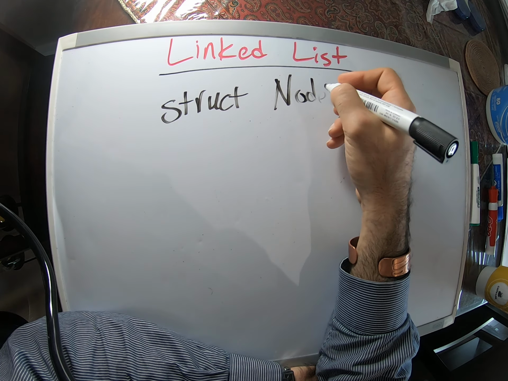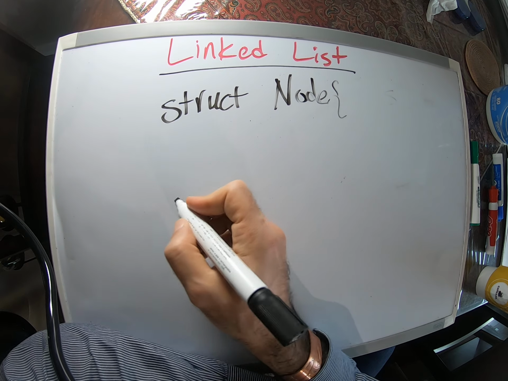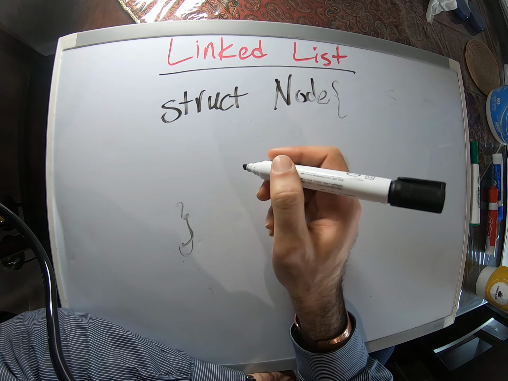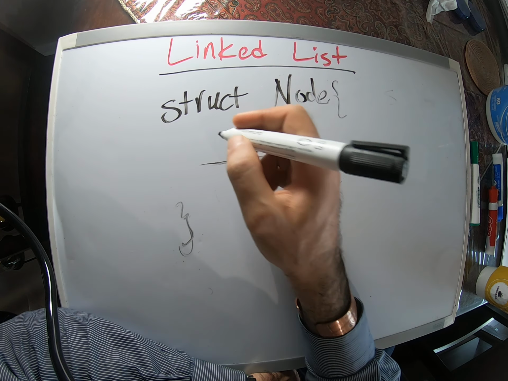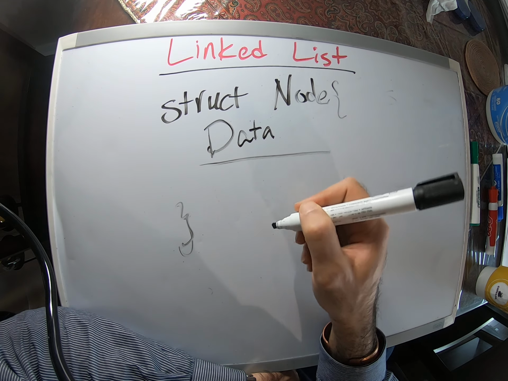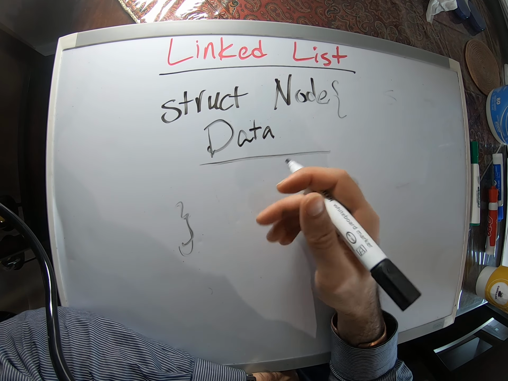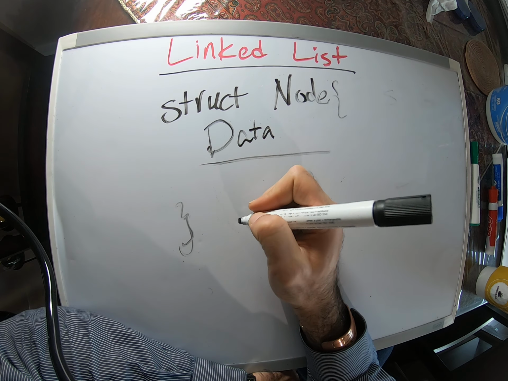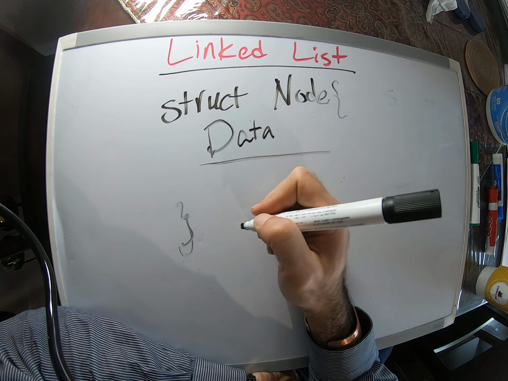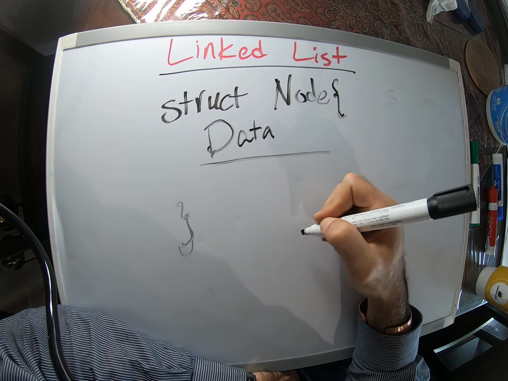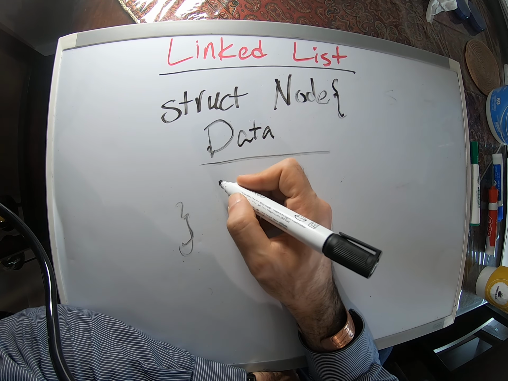We would have some nodes, and this node or this class would have two parts. One part would be the data that you want to store in this structure, and for now we're talking about the singly linked list, so it would have just one pointer.